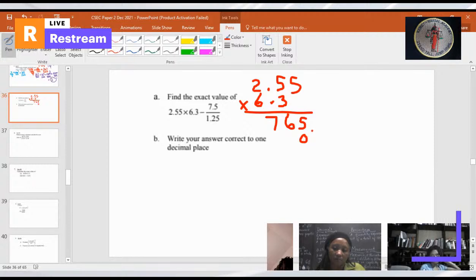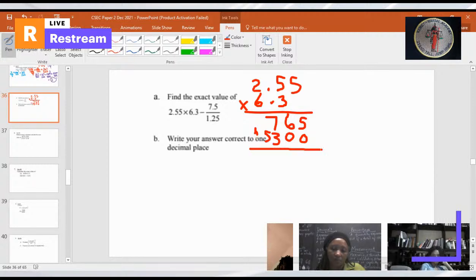6 times 5 is 30, put down the 0 and carry the 3 to the other 5. 6 times 5 is 30, plus 3 is 33, so you're going to put down the 3 and carry the other 3 to the 2. And 6 times 2 is, sorry, 3 times 2 is 12, plus the 3 is 15.